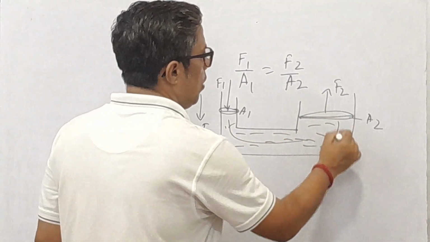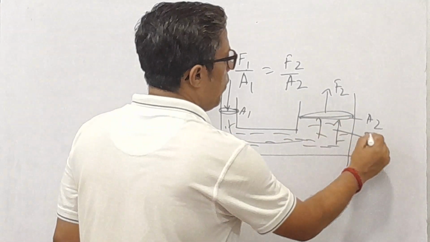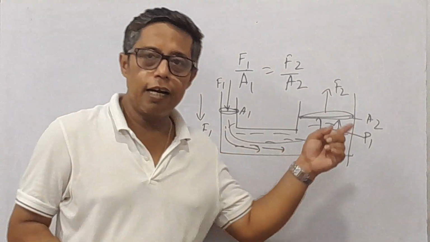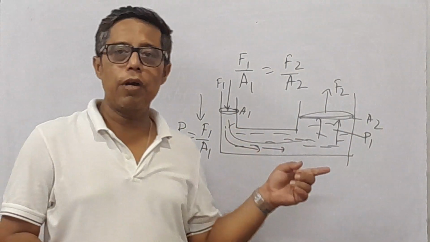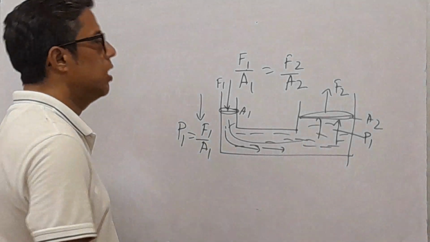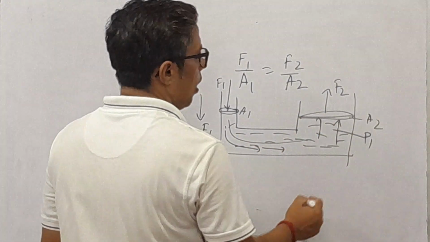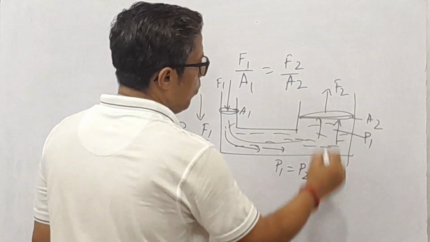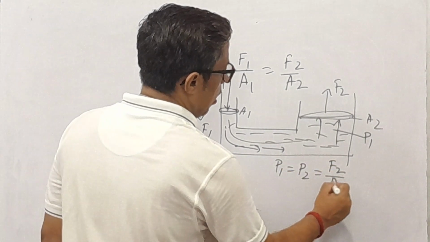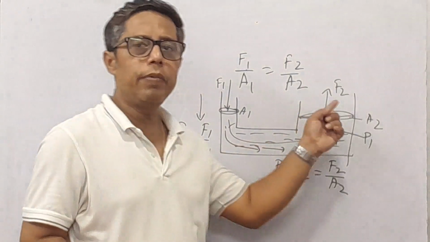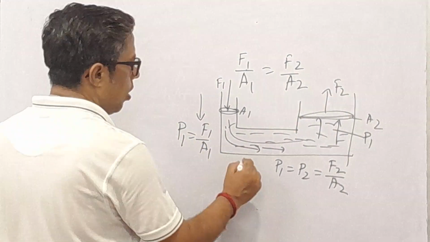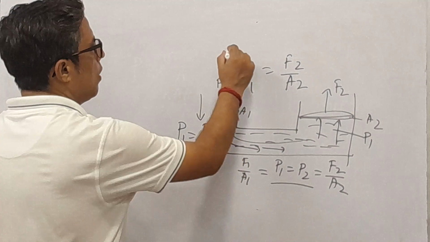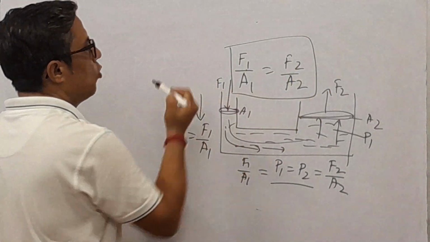The same pressure will be transmitted inside the water in an undiminished way, the same magnitude, and this will hit here as P1. So here I can say P1 is equal to P2. P2 means F2 by A2, the F2 we are receiving here. And P1 is F1 by A1. So from Pascal's law we get F1 by A1 is equal to F2 by A2.